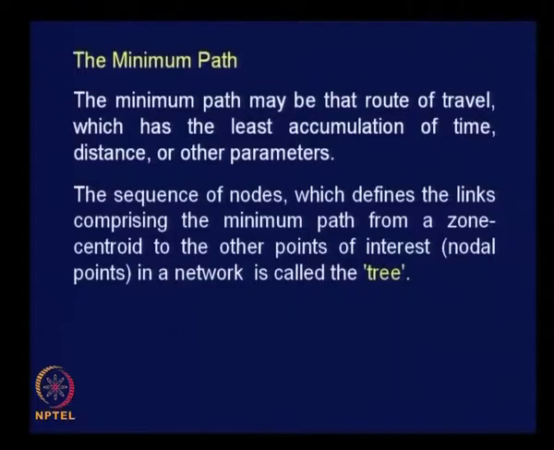The sequence of nodes which defines the links comprising the minimum path from a zone centroid to other points of interest, that is very important, the points to which this particular zone centroid is actually connected in a network, is called the tree or the minimum path tree.